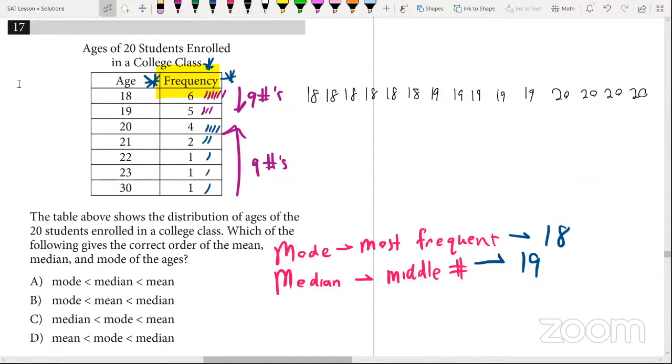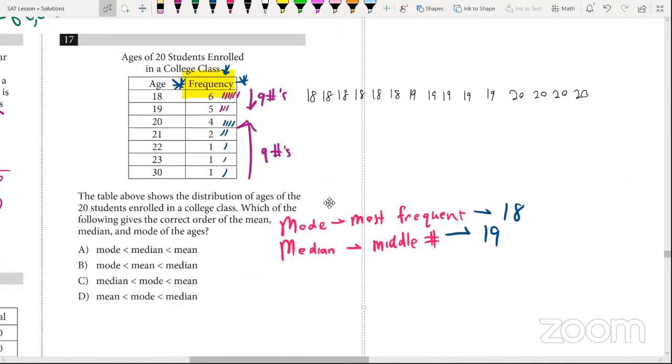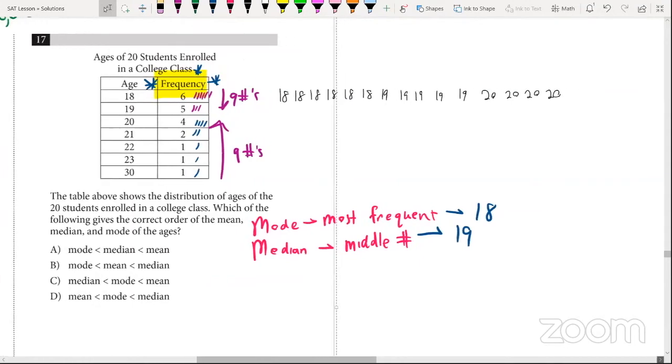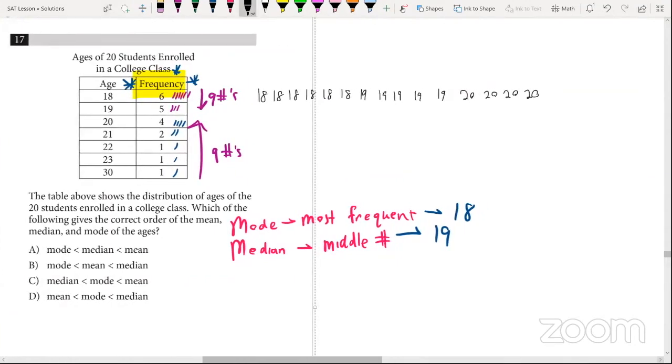Zoom out a tiny bit. So we're just talking about different ways to find the median, which we already found. We've got 2 21s, 22, one of them, 23, one of them, and 30, one of them.